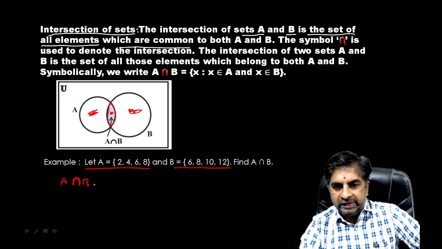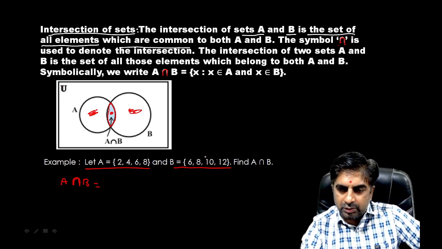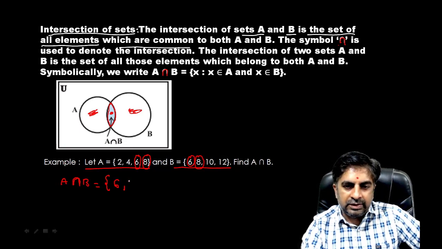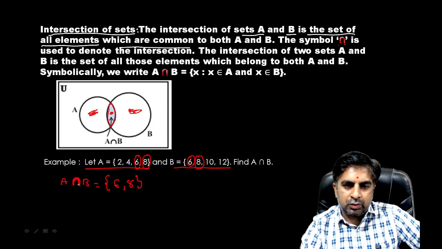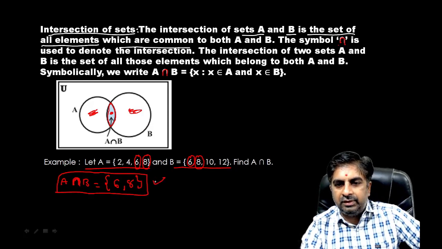Keep that in mind. If you want to do intersection, whatever terms are common: 6 is there in both sets, so you take 6, and 8 is also there in both sets, so 8. Any other term that is common? No. So this is called the A intersection B set.